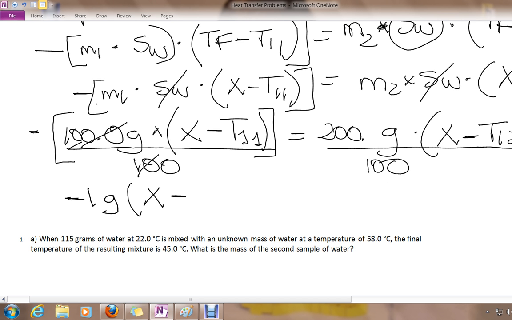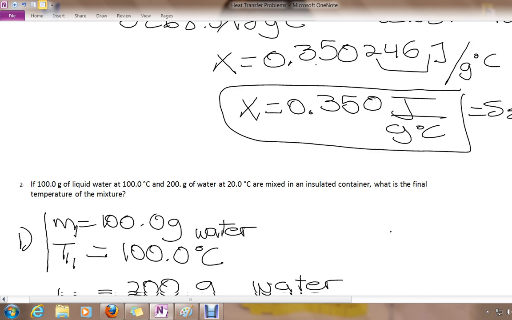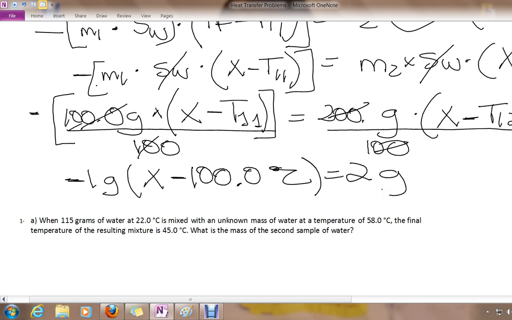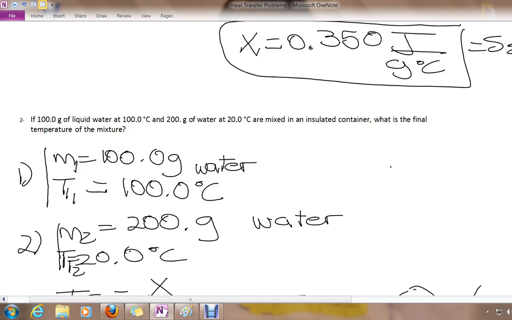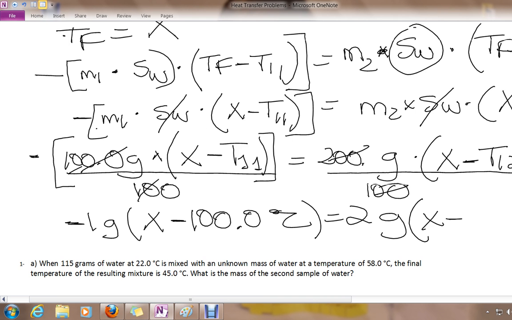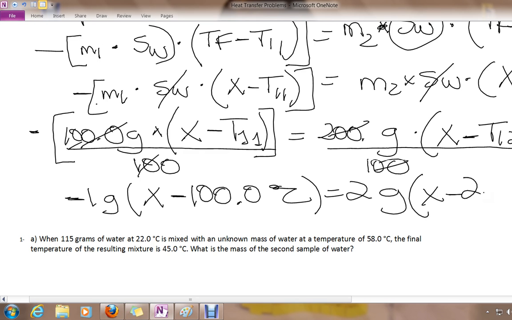So it gives you minus 1 gram multiplied by x minus the initial temperature of 1, which should be the higher one, 100.0 degrees Celsius, equals 2 grams multiplied by x minus the initial temperature of system 2, which is 20.0 degrees Celsius.